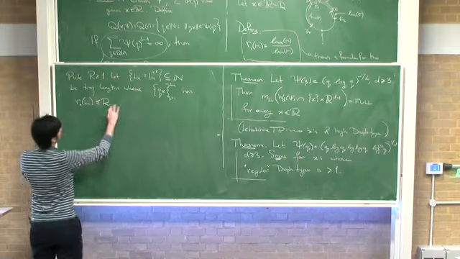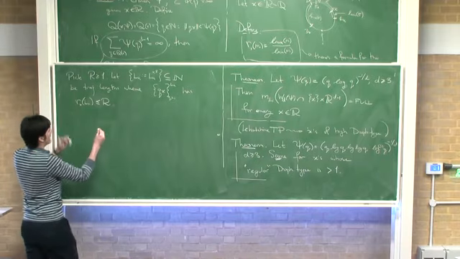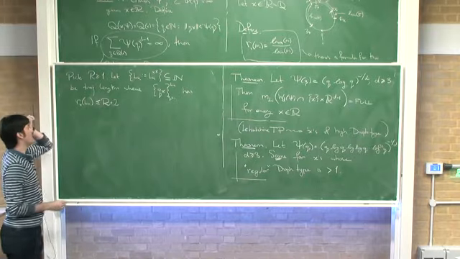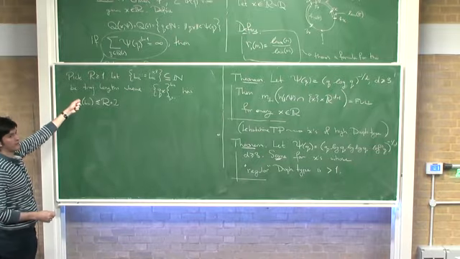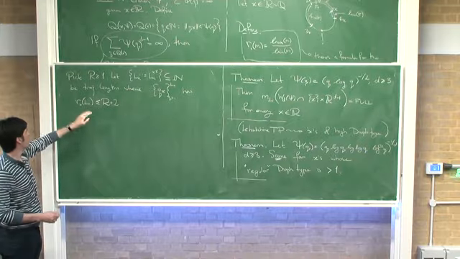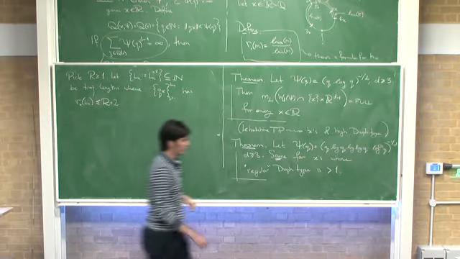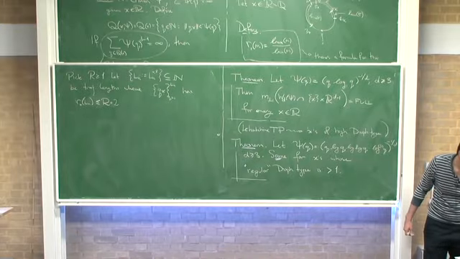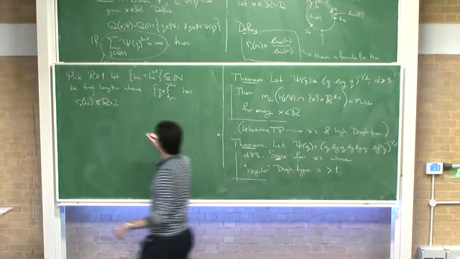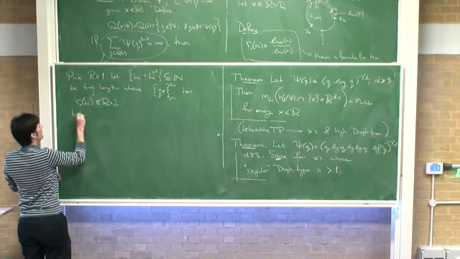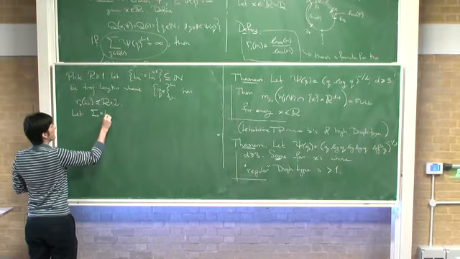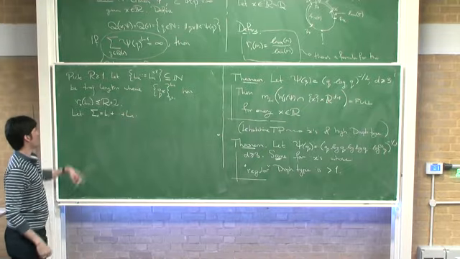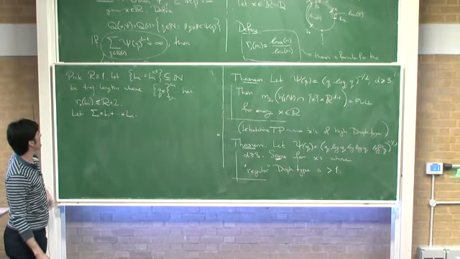And in fact, it just so happens for the sake of my indexing that if I say r plus 2, it makes more sense. So pick some r greater than 1 and record the times when the ratio is bounded by r plus 2. And let sigma sub n be the partial sums of those times. So sigma would also have a superscript x, r.